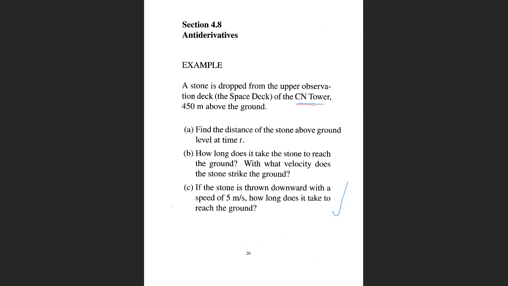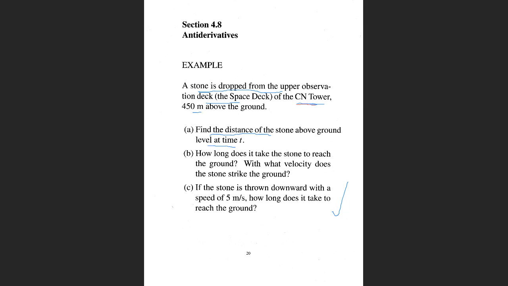Okay, so in this problem, we're told that a stone is dropped from the upper observation deck, the space deck of the CN Tower, which is 450 meters above the ground. In part A, we want to find the distance of the stone above the ground level at time t.